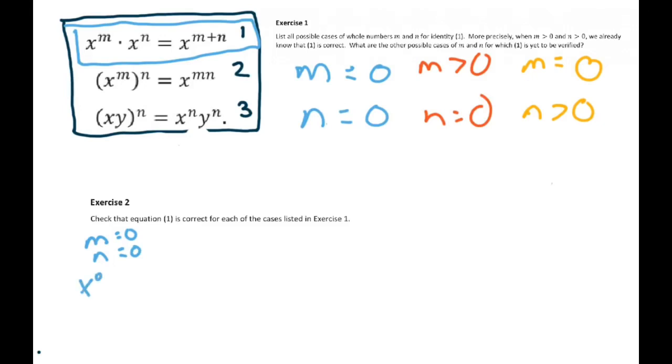Well, x to the 0 times x to the 0 equals x to the 0. And we know that every number to the 0th power is 1. So all we're saying is 1 times 1 equals 1. And that'd be a true statement.